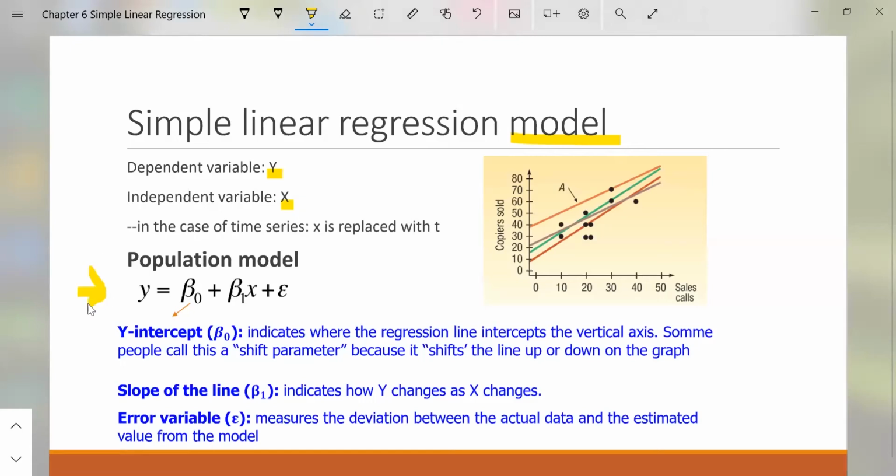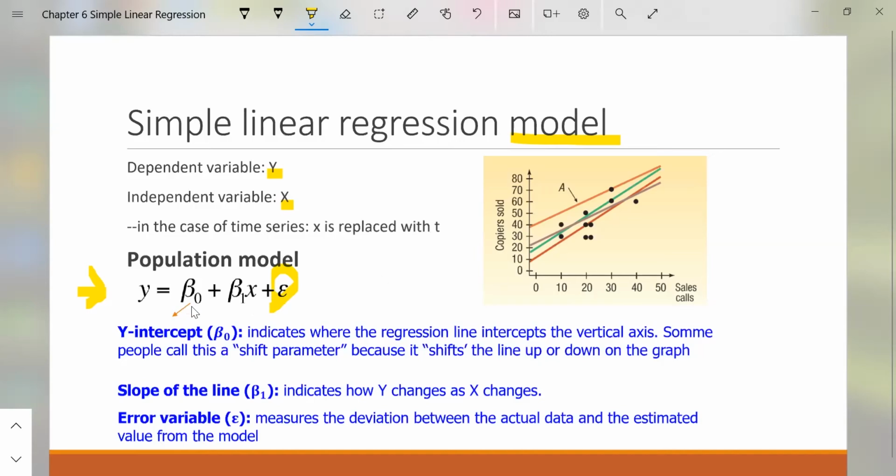So we will say y is equal to beta 0, that's a parameter, plus beta 1, another parameter, times x, plus an epsilon, and that's called the error term. Let me provide more details about these parameters as well as epsilon.